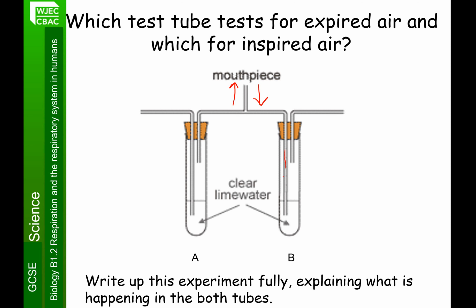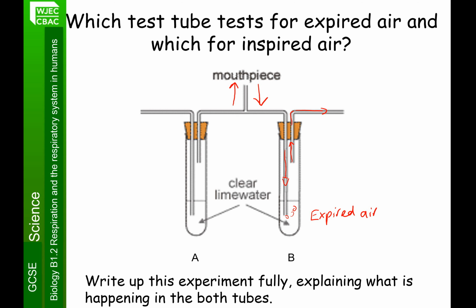So as we blow out, the air will travel down here and it will start to make this tube bubble. So tube B is testing for expired air.